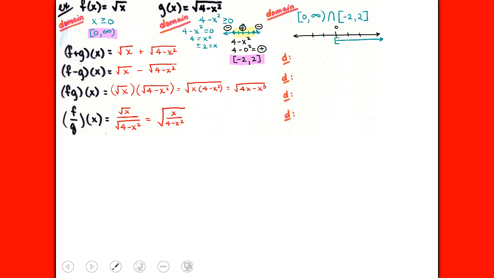So I could go through and say, okay, if the first one exists from 0 to infinity, that's a bracket at 0 going off to infinity. The second one exists between negative 2 and 2. So that's a bracket at negative 2 and a bracket at 2 and the values in between.